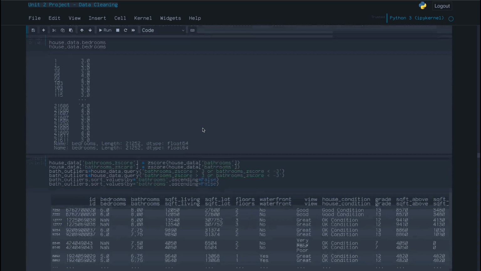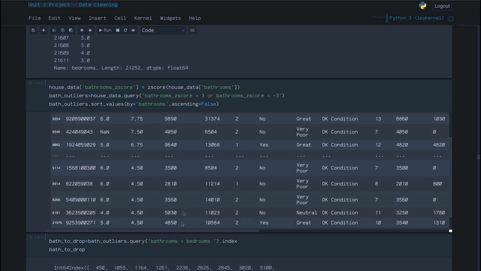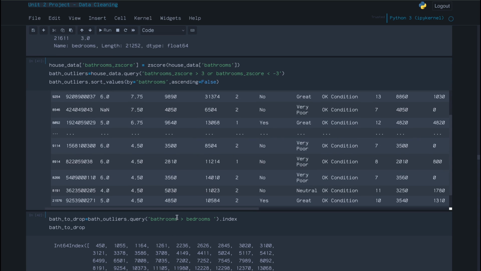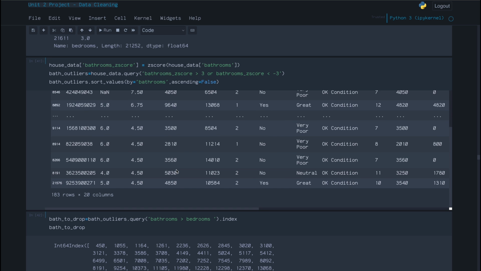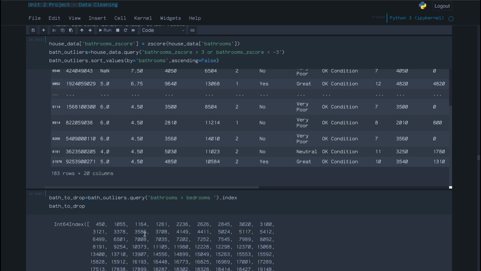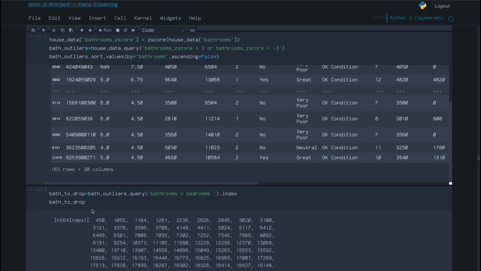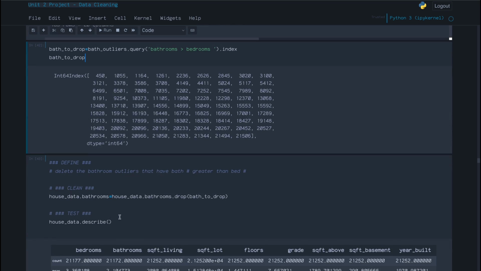And for the bathrooms, I only dropped the bathrooms that fit the query of the bathrooms being greater than the bedrooms. I dropped those outliers, and I kept the rest since they seemed pretty reasonable to me, and I didn't want to drop all that data that we could use.